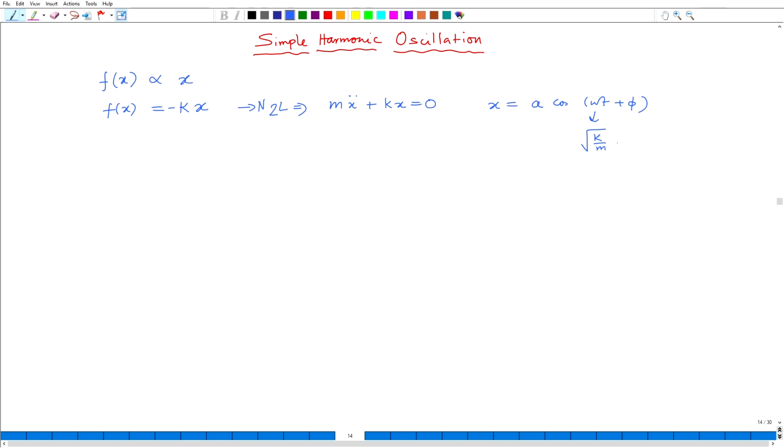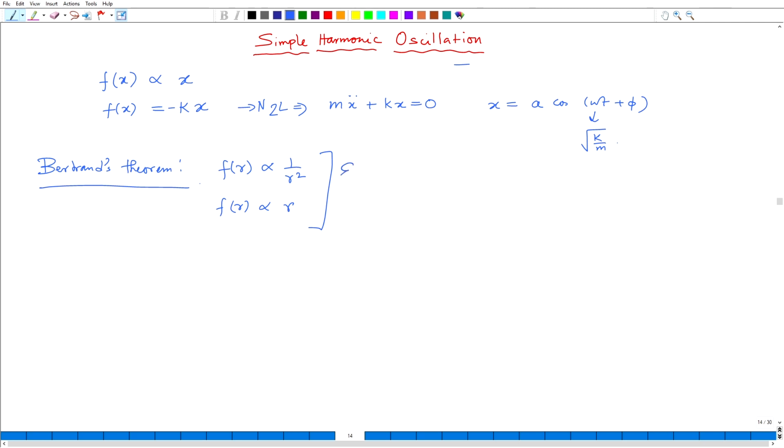Now, I want to introduce this simple harmonic oscillation from another point of view. We already talked about central forces, and one very important result in central force was Bertrand's theorem. Bertrand's theorem says that whenever you have a force field proportional to 1 over r square or a force field proportional to r, then you will have a very privileged situation.